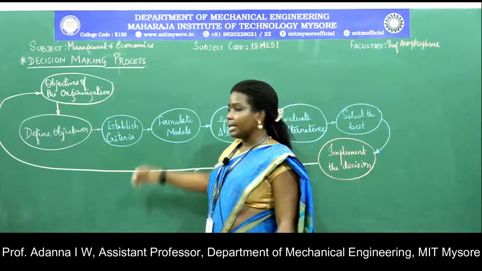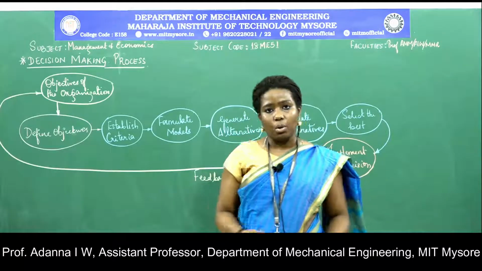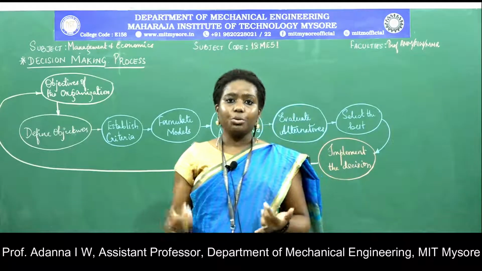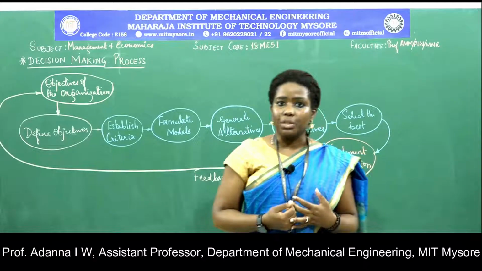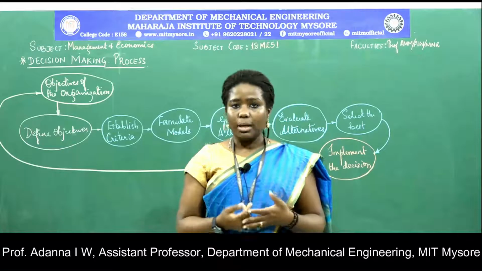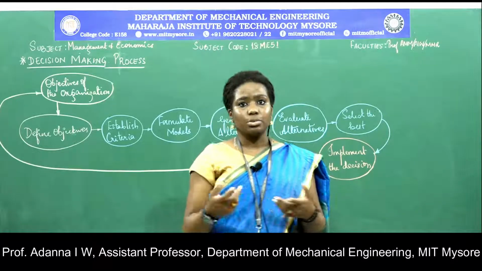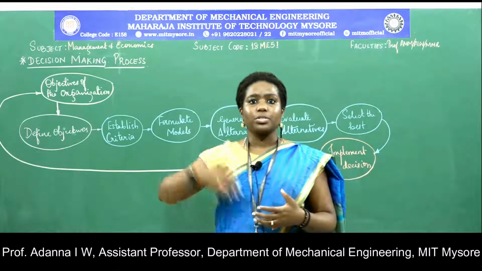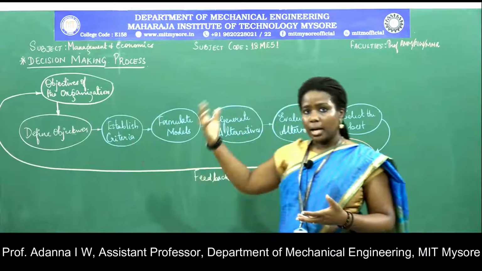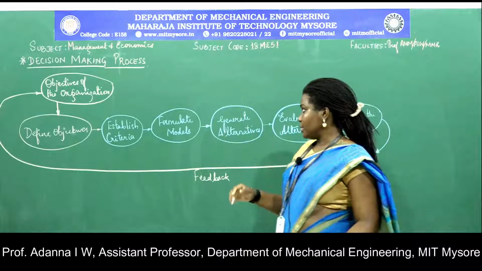Next, we formulate different models depending on whatever criteria we have. Either you make a mathematical model like a forecasting model, a verbal model using words, a physical model using prototypes, or a CAD model using some computer graphic software to represent what you want to see at the end of the entire decision making process.